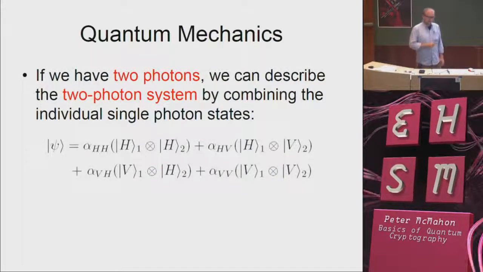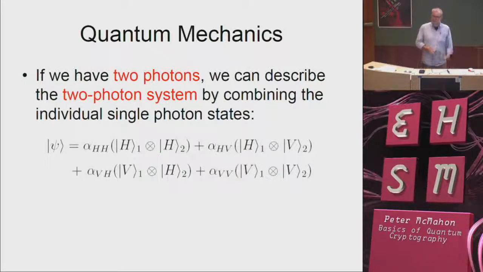So let's suppose that instead of just having one photon that we're sending, now we're talking about having two photons. We're going to just try and describe quantum mechanically what is the state of two photons.